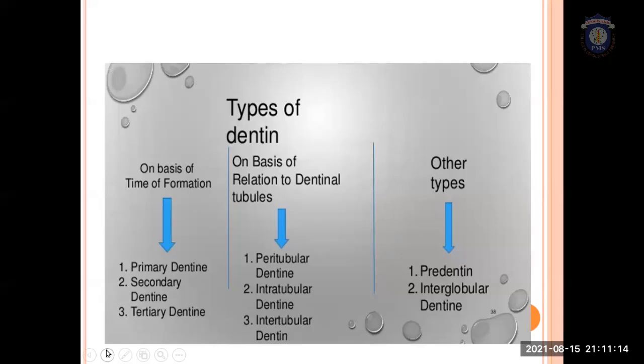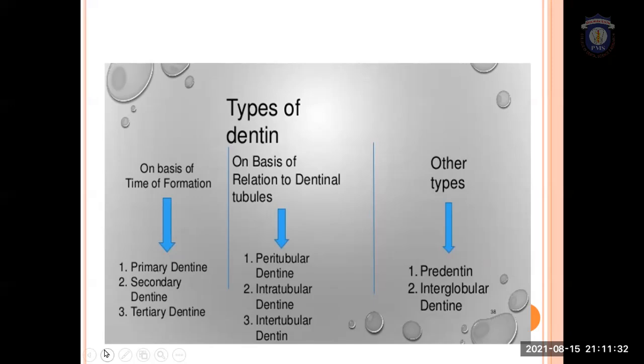dentine can again be classified into other types according to the position and the relation to the dentinal tubules. So the dentine can be subclassified as peritubular dentine, intratubular dentine, and intertubular dentine.